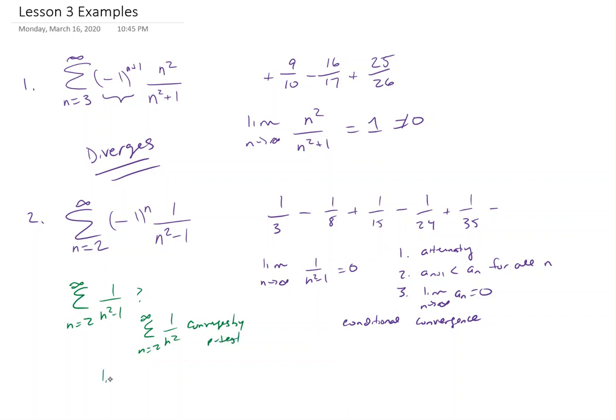And we can just see that if we take the limit of this, we get 1. Therefore, both series converge together. Because that 1's a non-zero constant, right? So we have absolute convergence.